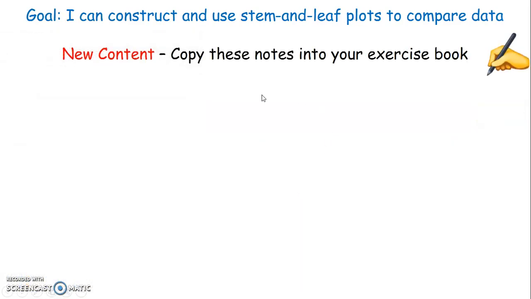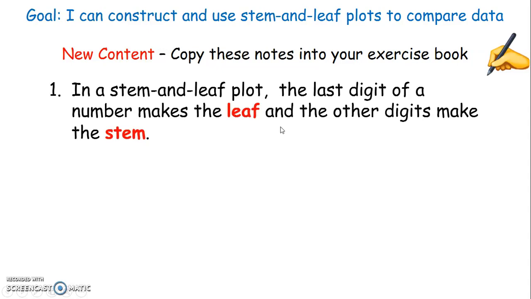So here are a couple of notes that I would like you to write down. I will read through the notes, and if you need, you can pause the video to copy them down. The first thing is that in the stem and leaf plot, the last digit of a number makes the leaf, and the other digits make the stem.